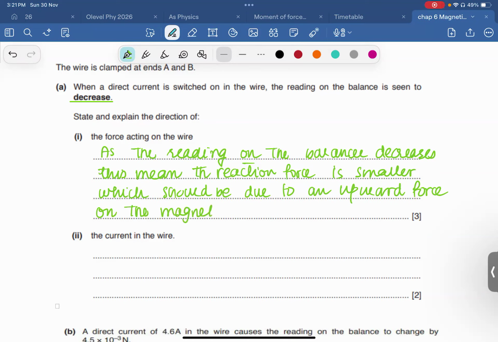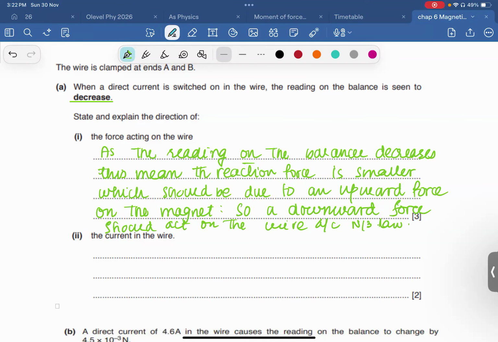So a downward force should act on the wire, according to Newton's third law. You always have to mention Newton's third law, right?